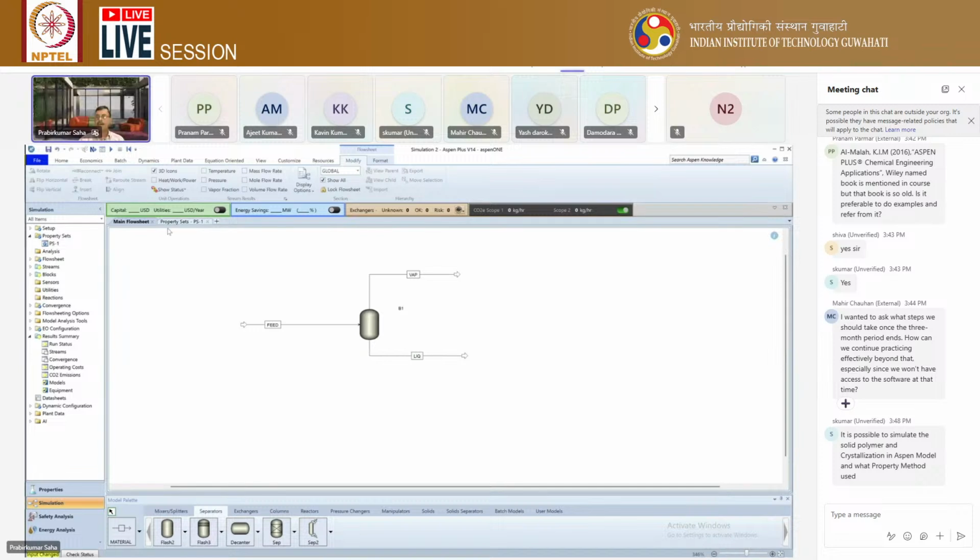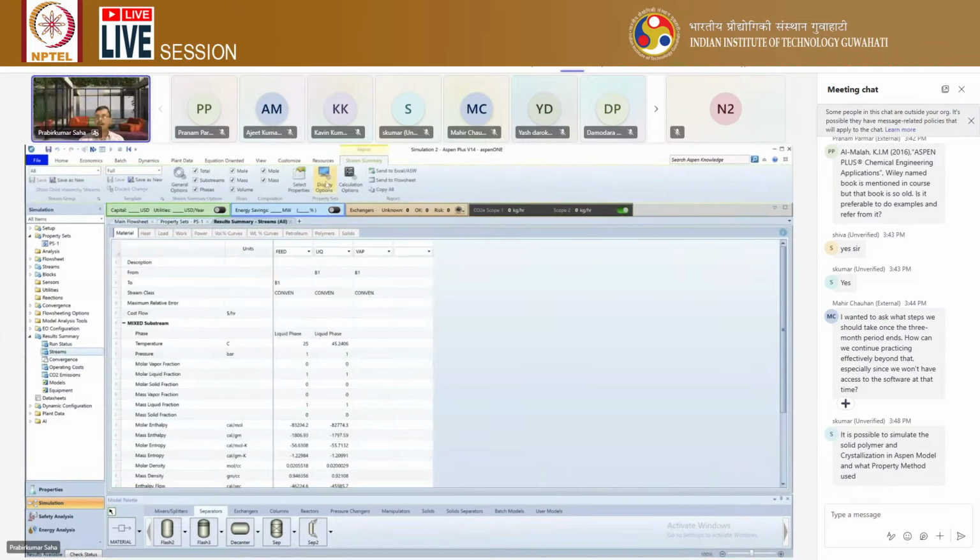Okay, and in the display option, first you have to run it with the new things that you have added. Okay, now go to the stream and go to the display option. You will find the new things have come over here. So these are the old things that are there.